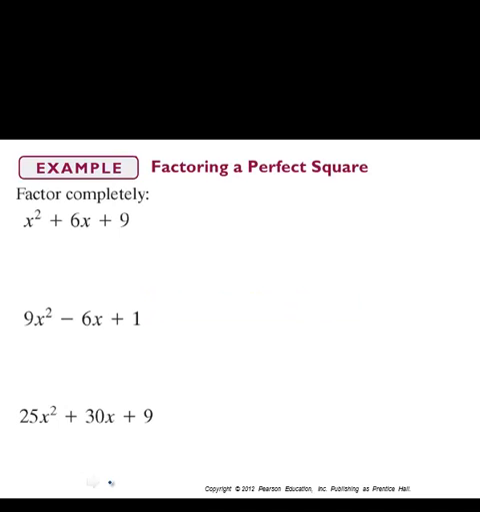Okay. All right, let's take a look at factoring perfect squares. And this is mostly a matter of just recognizing patterns. Now you have x squared plus 6x plus 9. Notice the 9 as 3 squared. And notice the 6 as 2 times 3. So we have it in the form of x squared plus 2ax plus a squared, where a is 3.